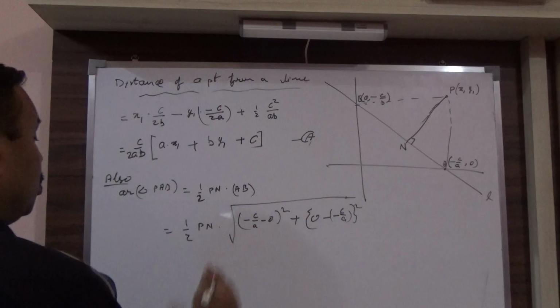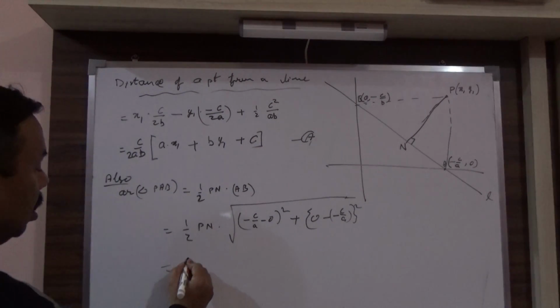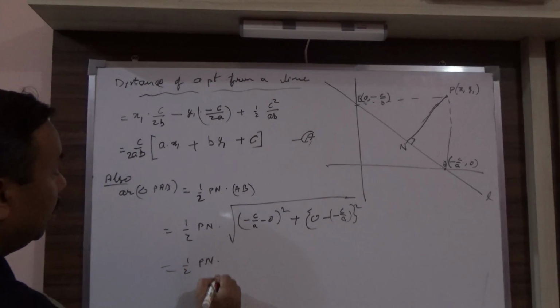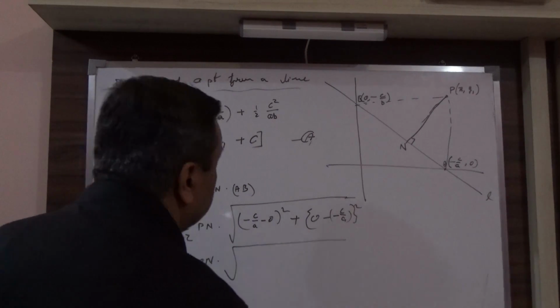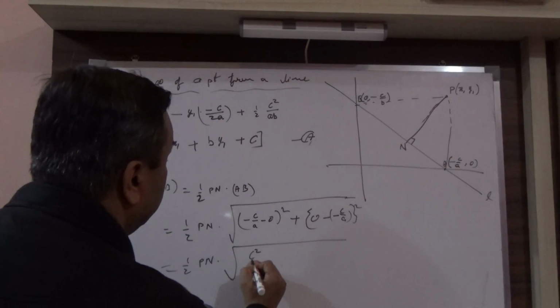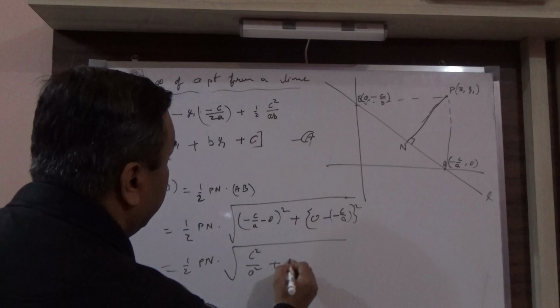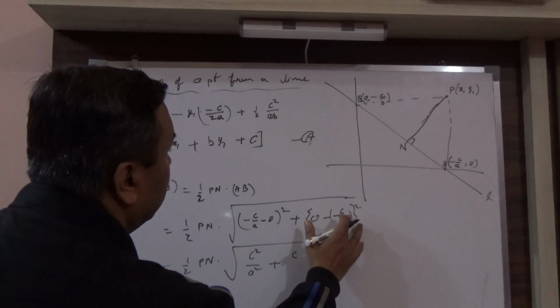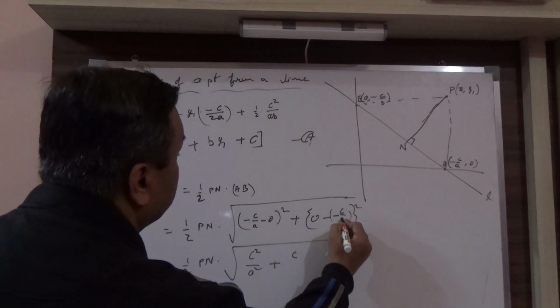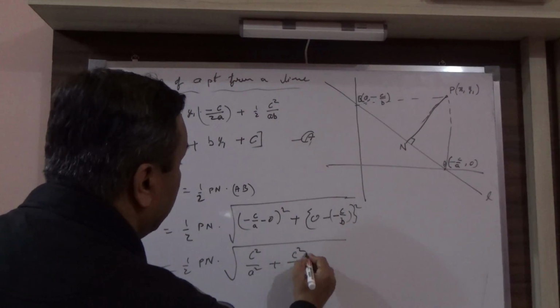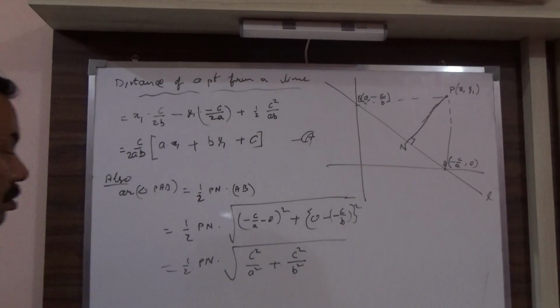So whatever is the square, what you get is half of PN. It becomes C square by A square plus C square by B square.